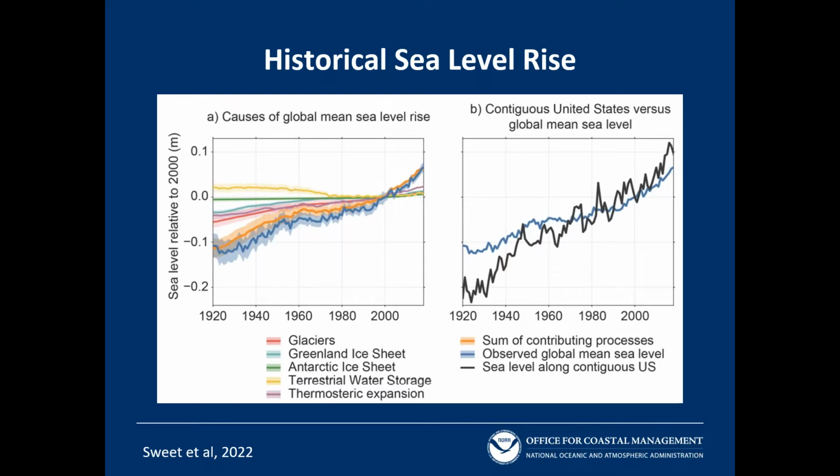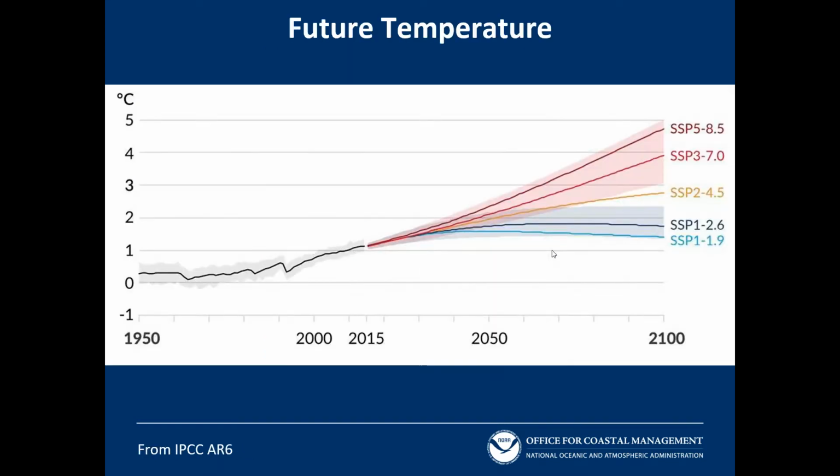You can see there's a bunch of lines there, basically contributors, things like the expansion of the ocean itself because it's warming. Obviously, the Greenland and the Antarctic ice sheets, local smaller land-based glaciers, terrestrial water storage. But you can see then since the 20s, we've seen a pretty big increase of sea level rise. This is sort of an average across the US.